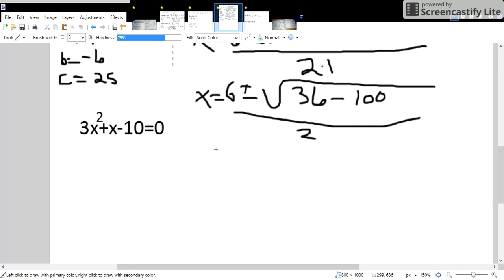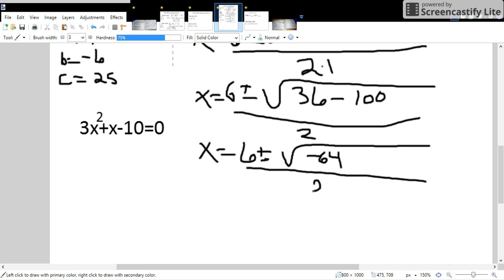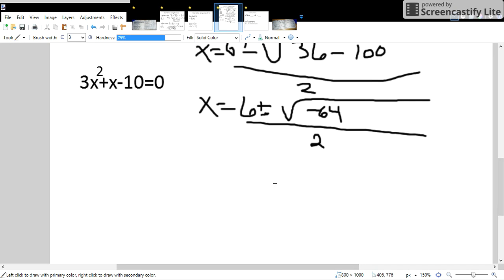So from there, we have x equals 6 plus or minus square root of negative 64, the square root of negative 64 over 2. So again, we have a negative in the square root, so that's going to give us an i. So you have x equals 6 plus or minus 8i all over 2.